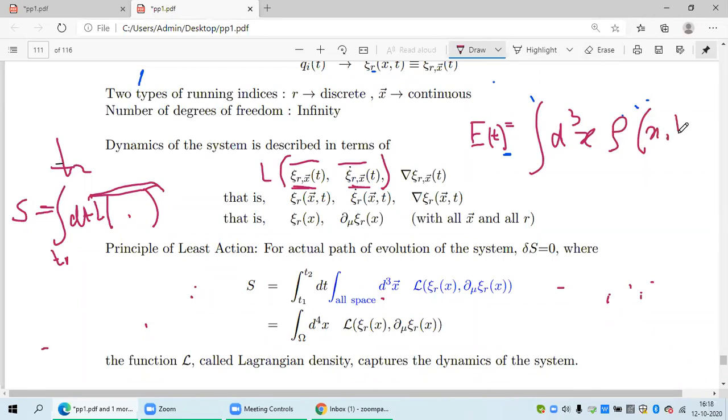Where rho is the energy density of the system. Clear? Rho has a value at every point in space. Now, when you say the total energy of the system, to visualize total energy, you have to add the energy at all points in space. But since x is a continuous parameter, you can put it in this form.